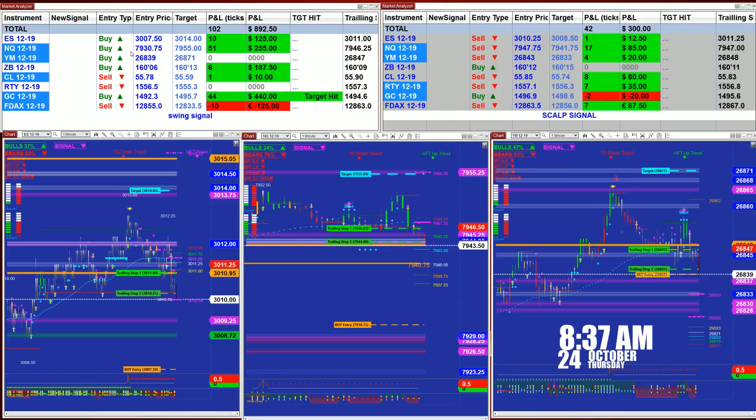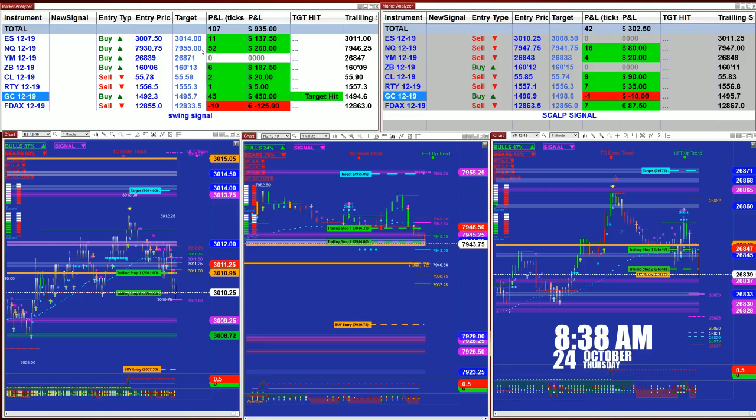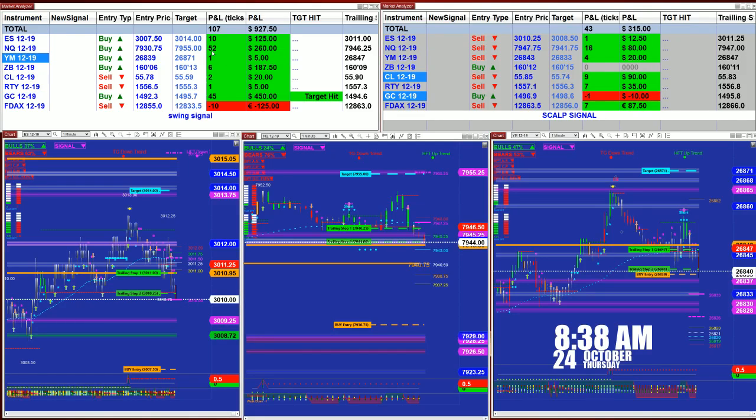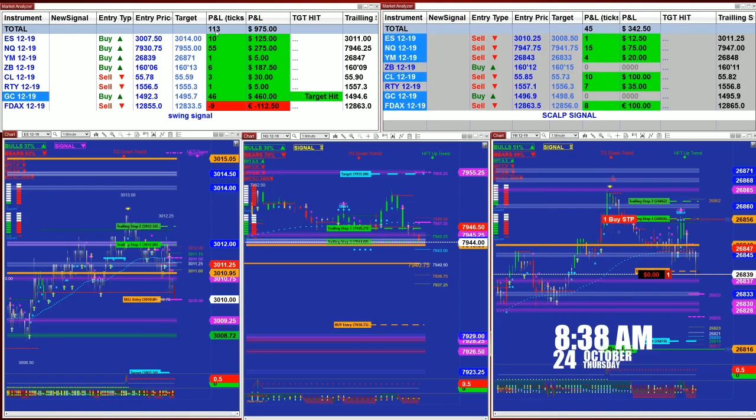We had a buy entry at 3079.30, 75, target 55, and total ticks is 52 ticks. Those are based on one contract only. All of them here on the market analyzer are based on one contract, and it is 112 ticks at the moment from the last entry signal, not the whole day.